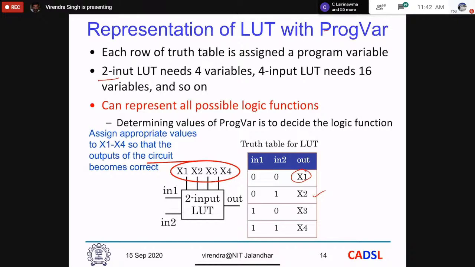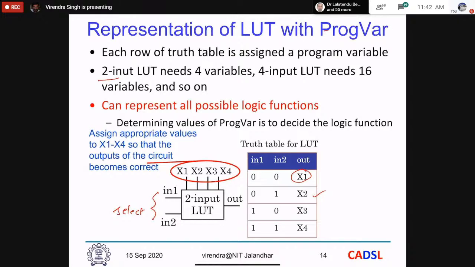Now if I specify the values of x1, x2, x3, x4, this gives me a function, right? Input 1 and input 2 are the select inputs, and the multiplexer selects one of them and gives you the output.